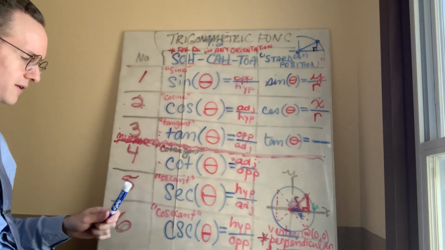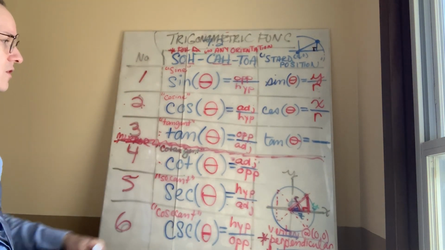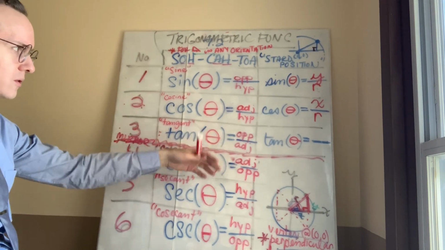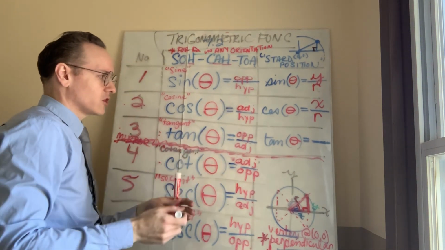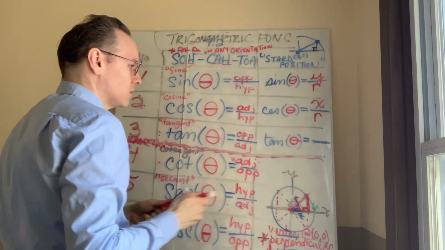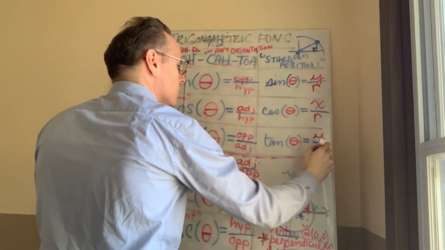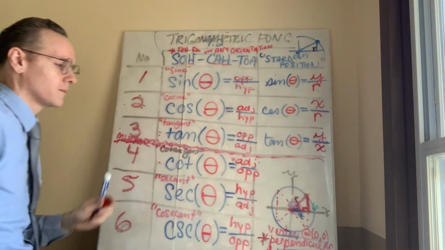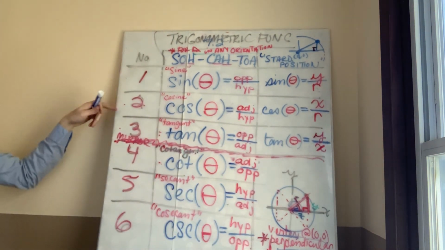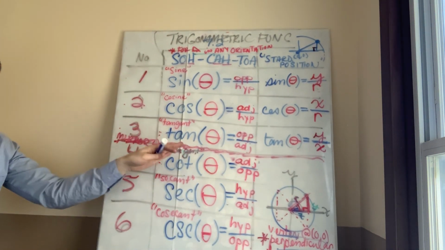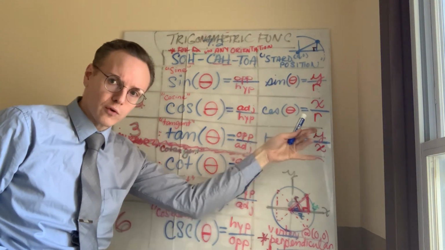Tangent is opposite over adjacent, so instead of calling it opposite over adjacent, we'll call it y over r. Pardon me, y over x.